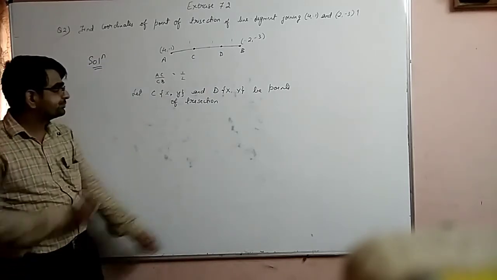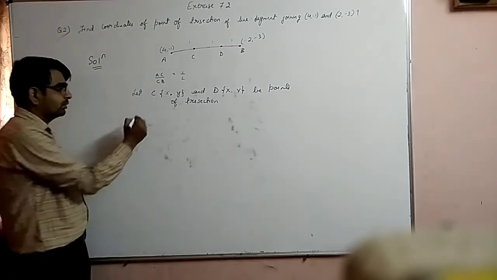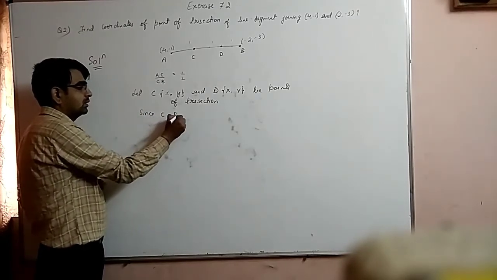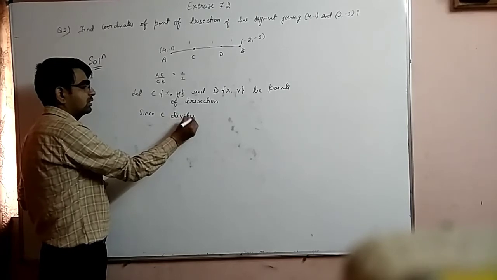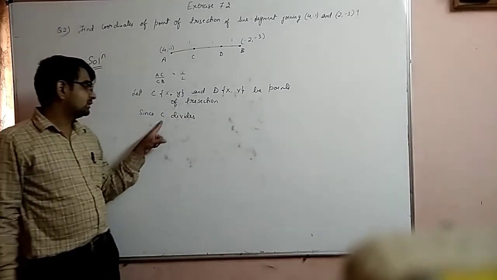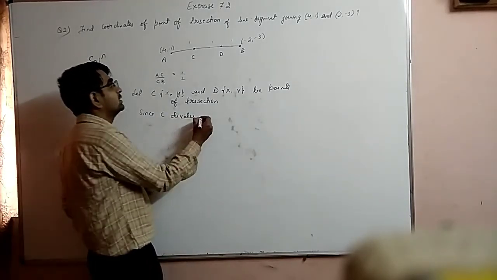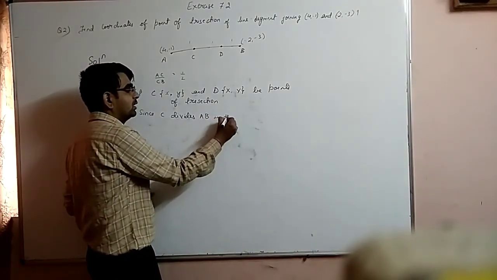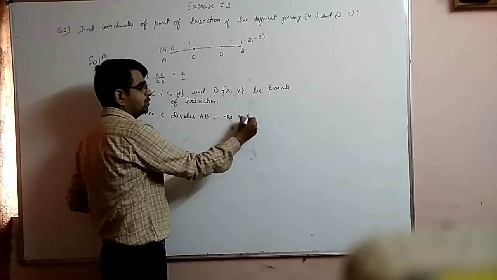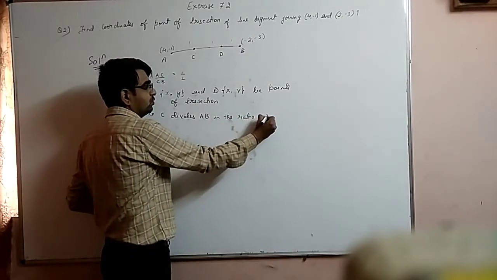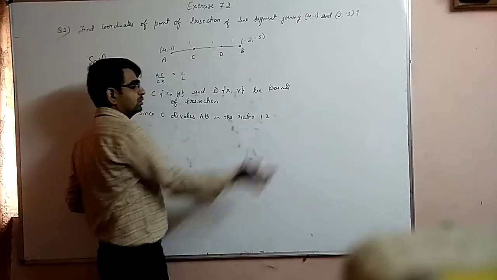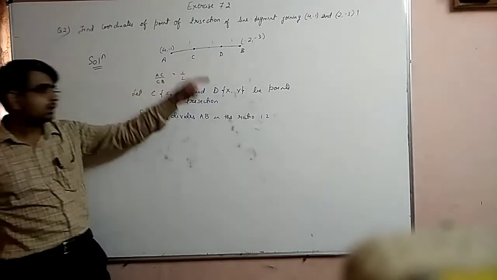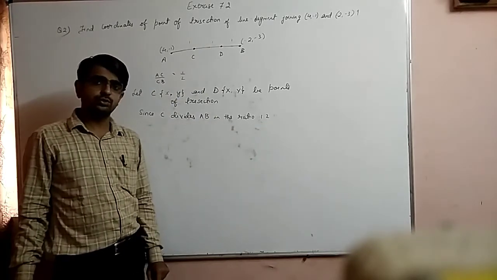Now what C is doing, it divides AB in the ratio 1:2. See, AC by CB is 1/2. Simple. So the ratio is 1:2.